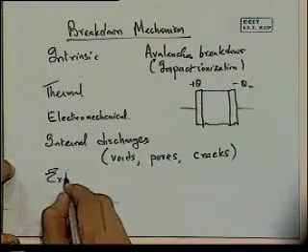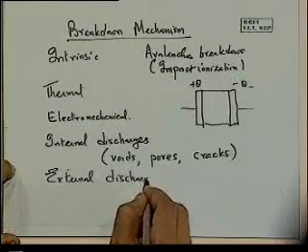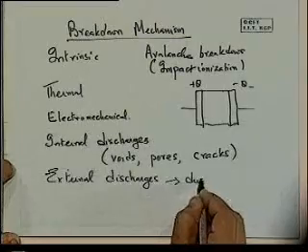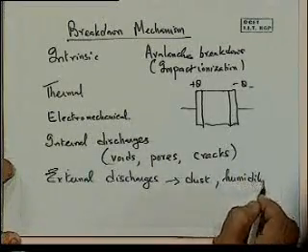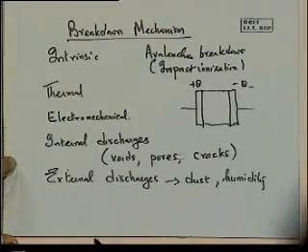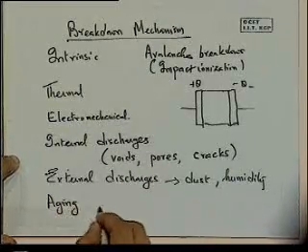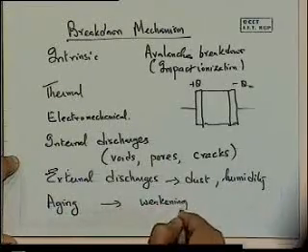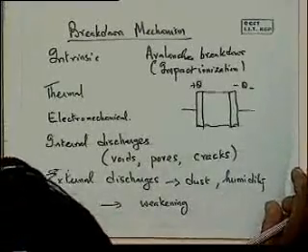You could also have external discharges that cause failure, dependent on conditions like dust, humidity, and so on. Aging, as I said earlier, could also weaken the structure, leading to premature breakdown.